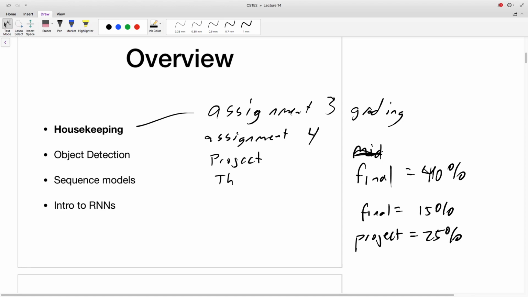But wait, there's more. Just so it's a no-lose proposition, it's really the better of the final and the project that is worth 25%. So we can say that's the new formula, and if you don't want to do the project, it's just like it was before. Okay?